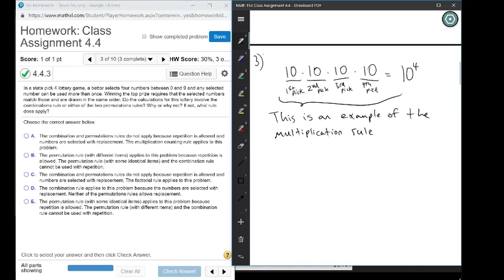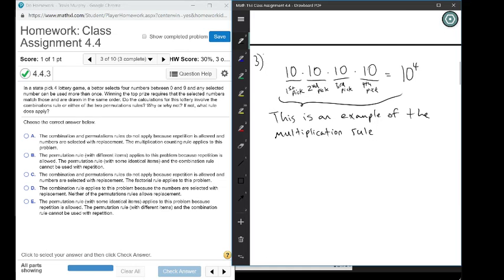The combination and permutation rules do not apply because repetition is allowed and numbers are selected with replacement. So it's not like we're choosing, given 10 digits, choose 4 of them, with order mattering or order not mattering.